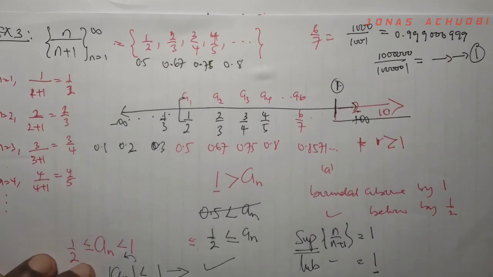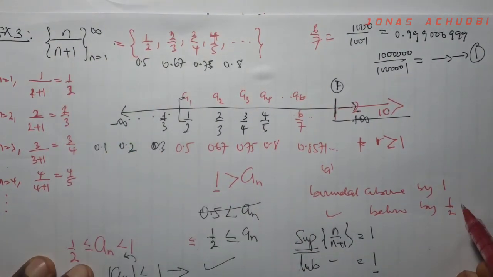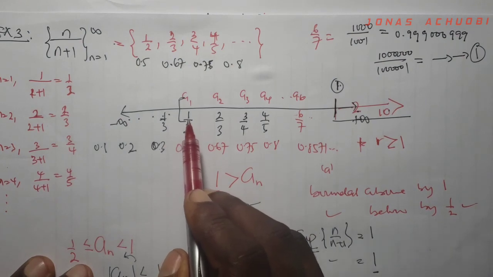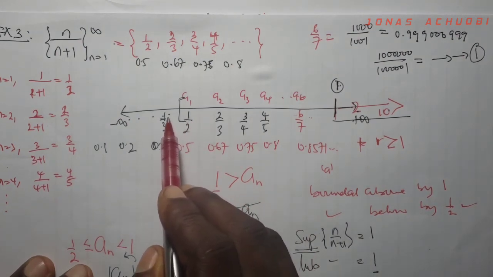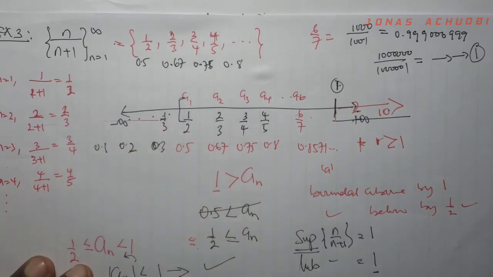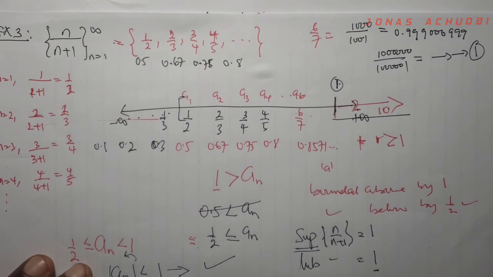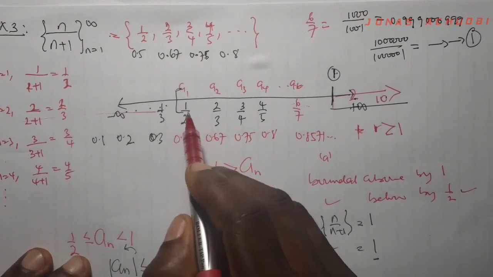In example 3 again, our sequence n over n plus 1 was bounded below by half. And because it was bounded below by half, there were several other lower bounds. So 1 over 3 is a lower bound, and there are so many of them to the left. Of all these lower bounds, which of them is the greatest? It must be 1 over 2.